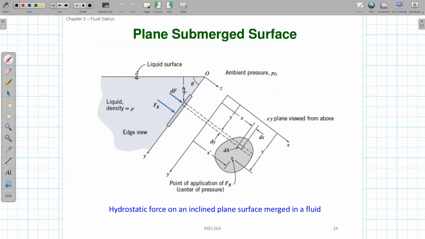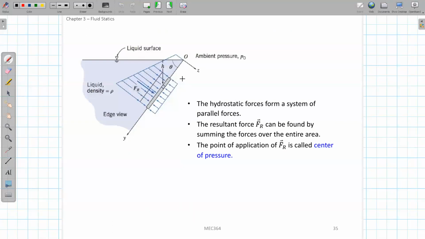For these cases, we can do a similar thing and draw the pressure force as we did before. We have this pressure increasing on the surface, and remember this pressure force needs to be normal to the plate surface. So this is what the pressure force looks like.